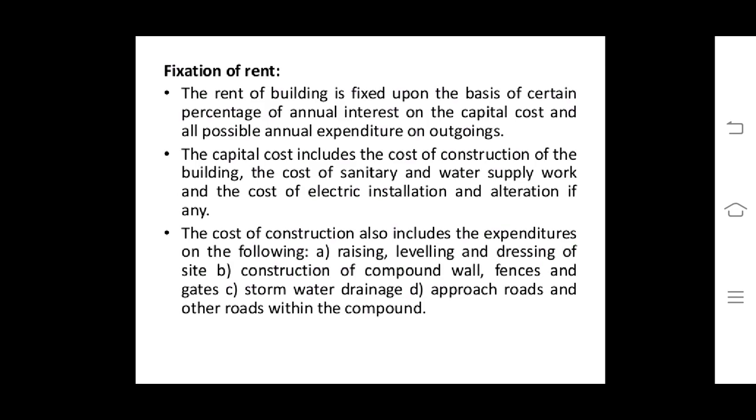The cost of construction also includes the expenditures on the following, that is raising, leveling and dressing of site, construction of compound wall, fences and gates, storm water drainage, approach roads and other roads within the compound.